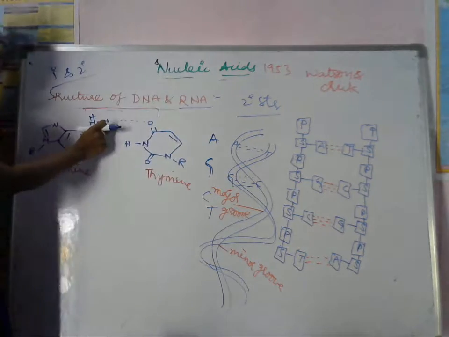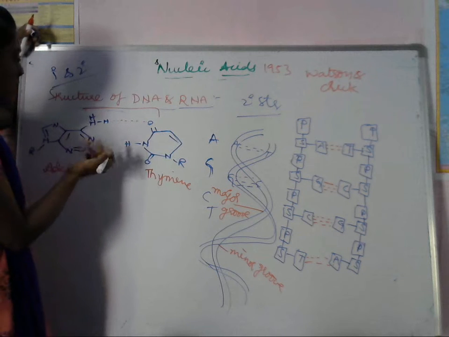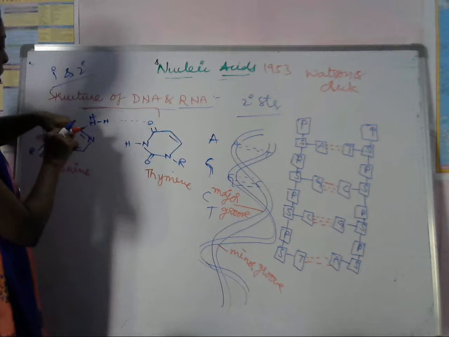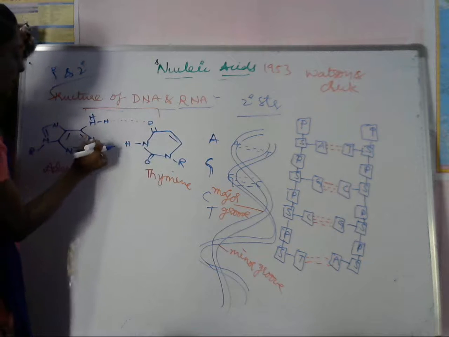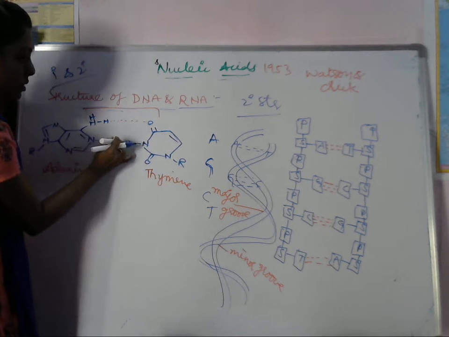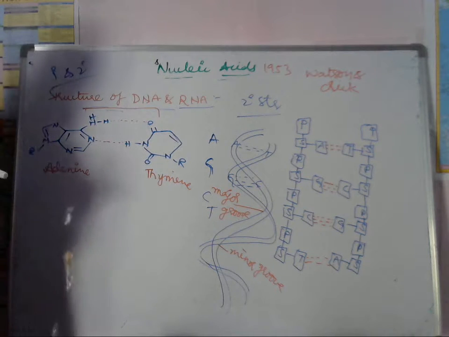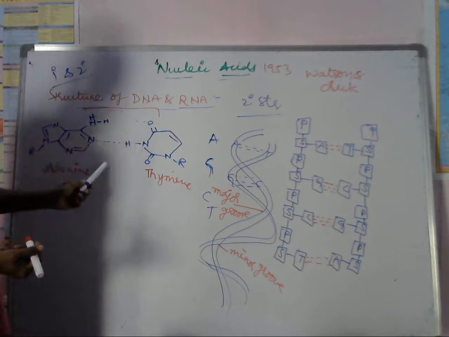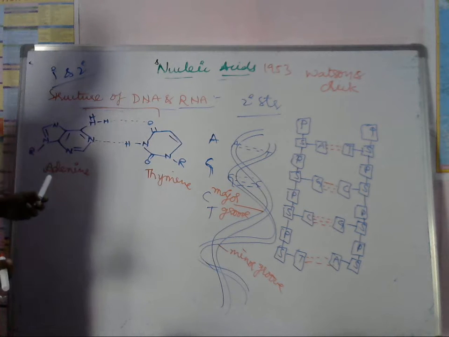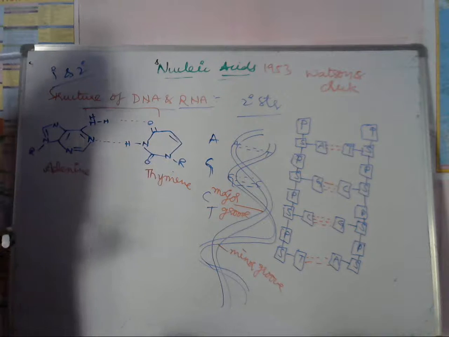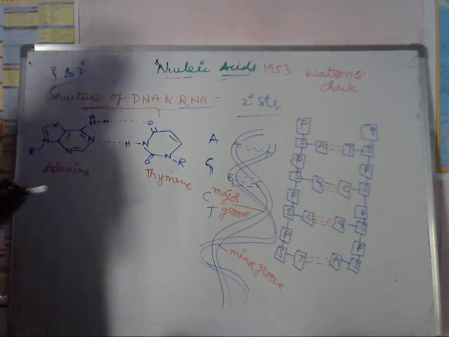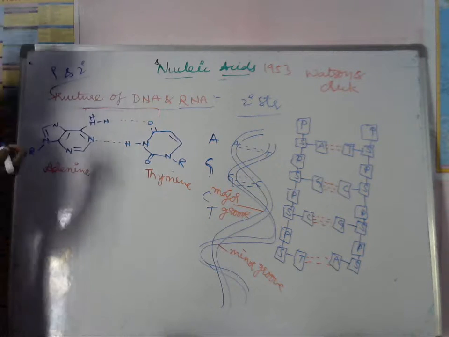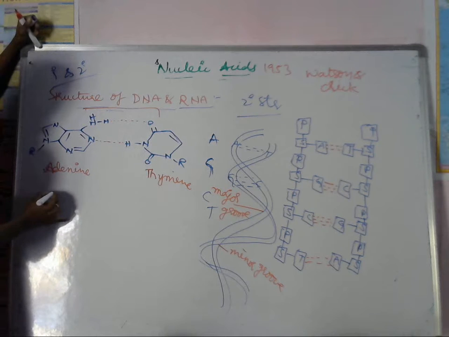So this is one hydrogen bond. Another hydrogen bond is present between this amine and this nitrogen. So there are two hydrogen bonds between adenine and thymine. Let's see cytosine and guanine, and how these interact with each other.